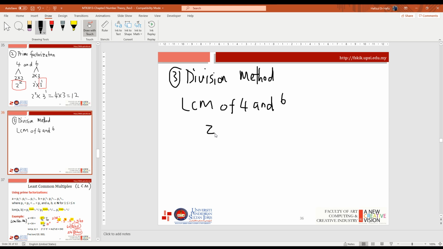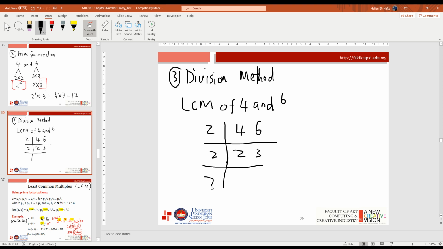Divide by 2: 4 and 6 give 2 and 3. Then 2 multiplied by 2 is 4, 2 multiplied by 3 is 6.